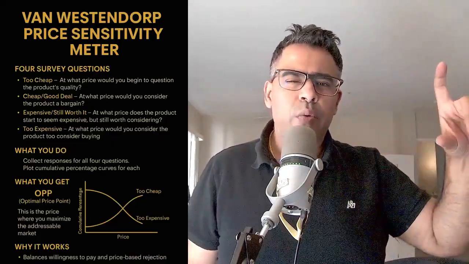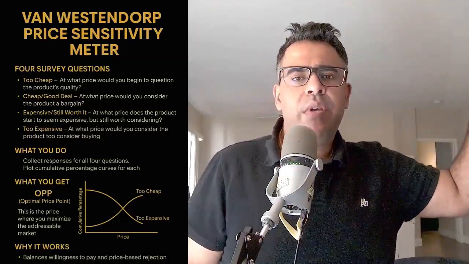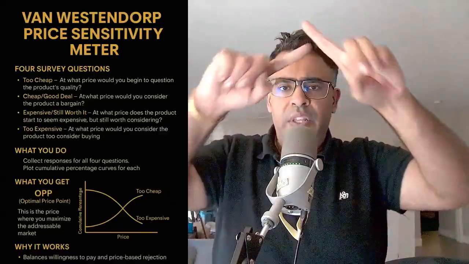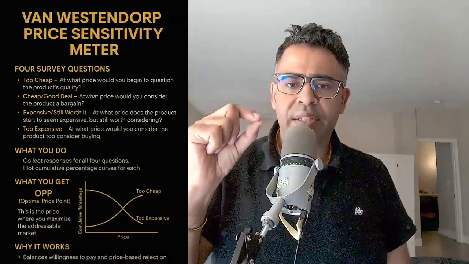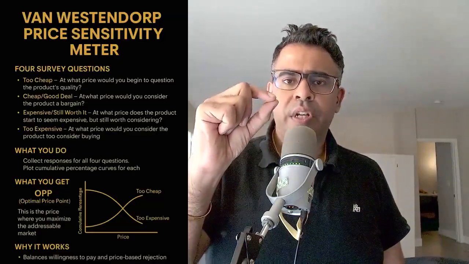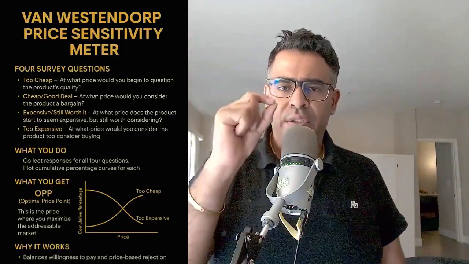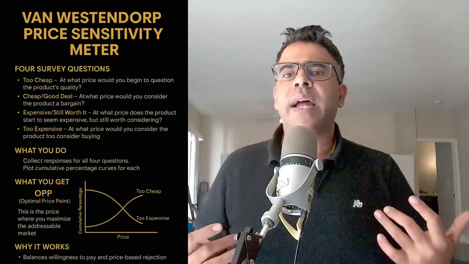Now, there are 2 other questions that are of a similar nature, but it's easily Googleable, and you can quickly create a chart based on survey responses that when these 2 curves intersect, give you an optimal price point. It is a price at which the same number of people consider the product too expensive or too cheap. So it's where you maximize your market. That's the OPP. That's the simplest way any product manager, any product marketer can run a price point analysis.